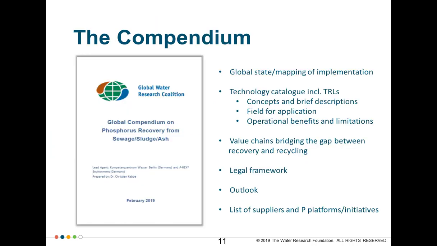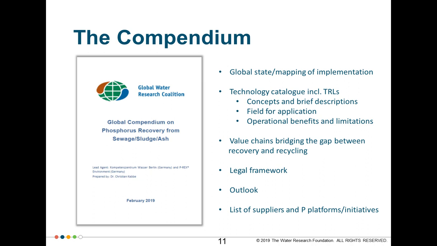The compendium itself is a kind of global state of implementation and also provides a mapping. So where are the hotspots on the planet for the implementation of P recovery? It focuses on centralized sanitation systems and on technical P recovery, not considering separation-at-source ideas.